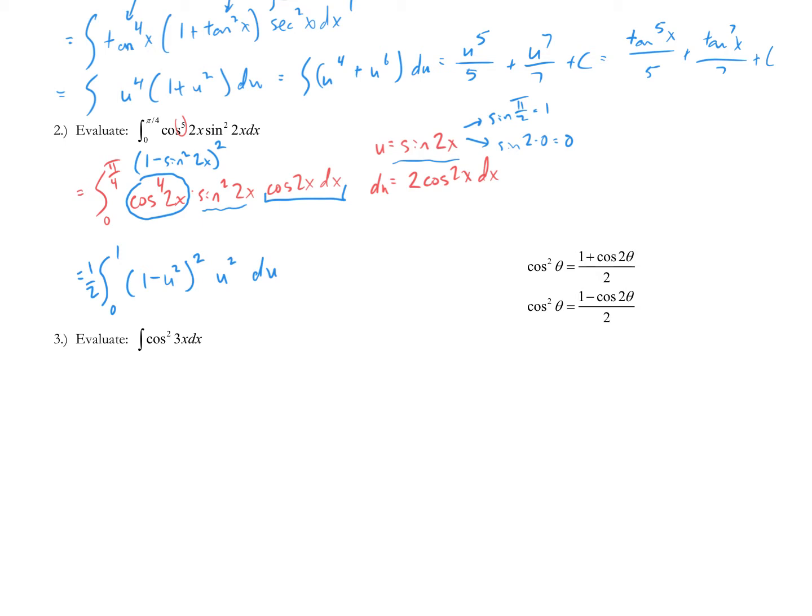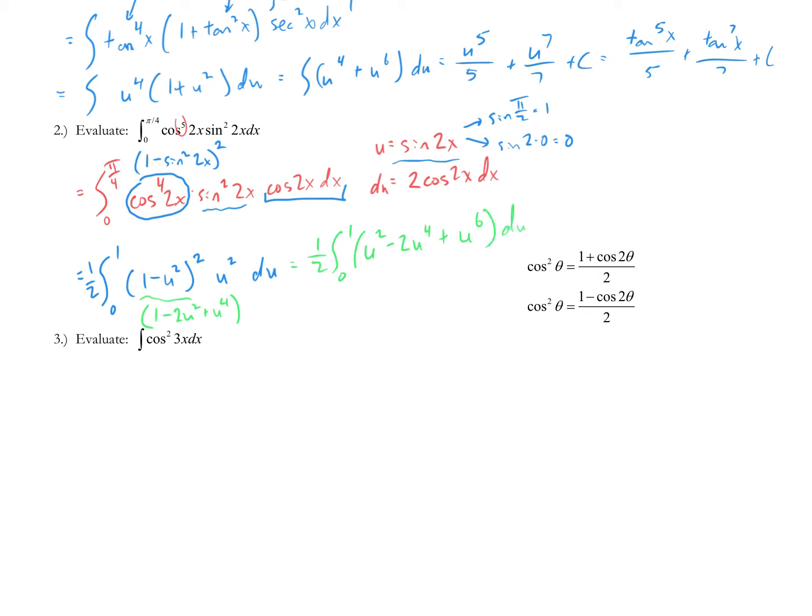Our next step is to simplify this algebra. I'm going to square what's in the parentheses, but I'm just going to put it below it. 1 minus 2u squared plus u to the fourth. And then I'm going to rewrite my integral as 1/2 integral from 0 to 1. And let's distribute that u squared in. U to the second minus 2u to the 4th plus u to the 6th du.